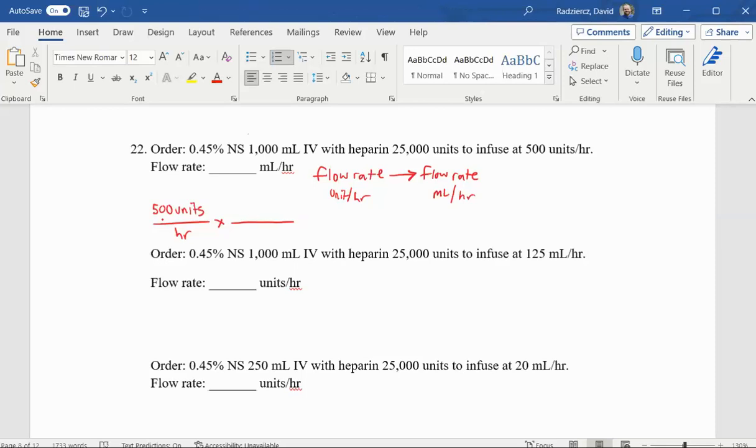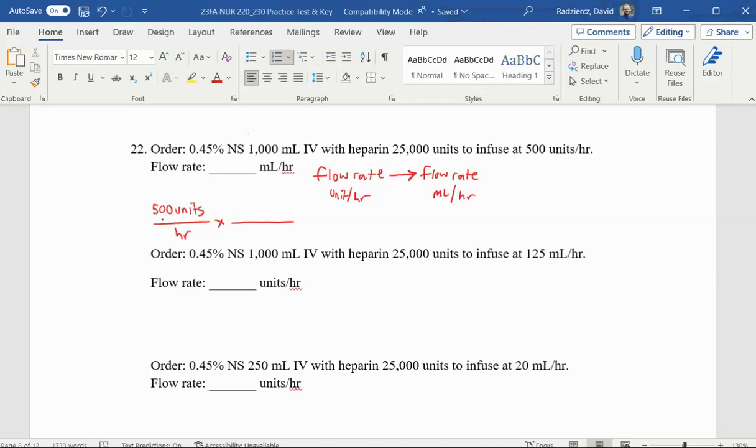That's what I chose to start with. If you're wondering what's the magic, it's up to you. If you want to start with milliliters, and 1,000 milliliters, 25,000 units is perfectly fine. Just make sure your orientation is correct. I start with the flow rate because I'm going from flow rate to a new flow rate, and that's just what I decided to do.